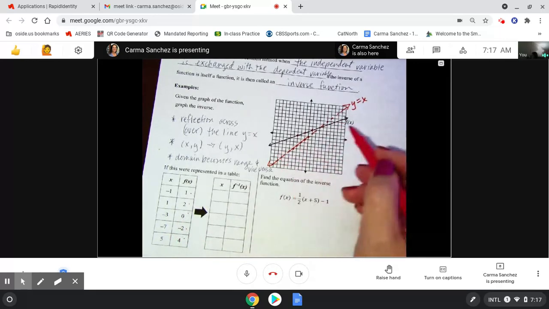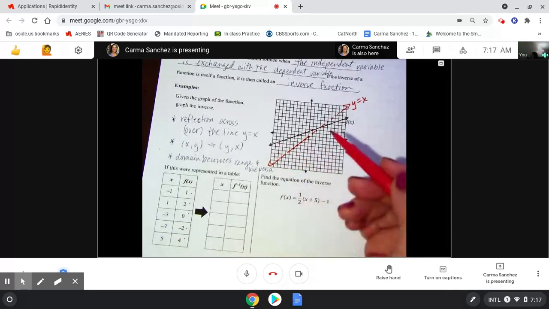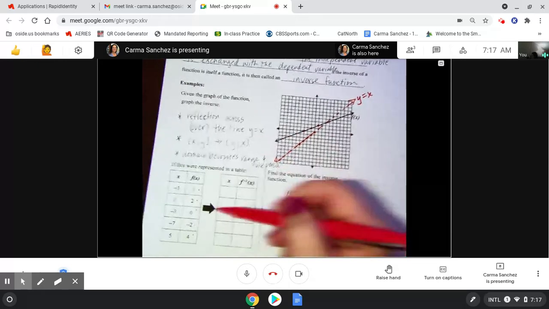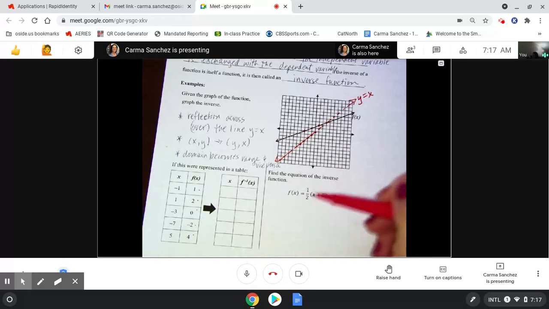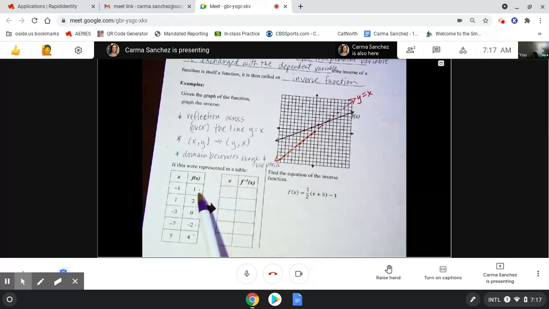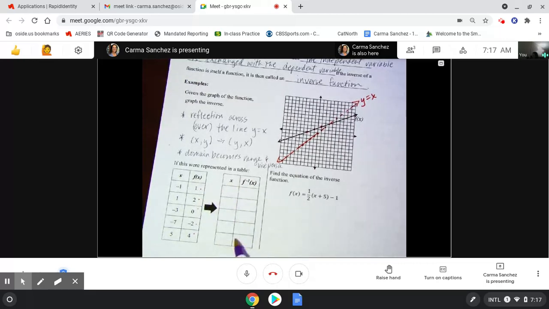If you wanted to write the equation for the line, you could, but it's not necessary. We wrote out the equation of the line for you right here in point slope form. But anyway, let's go do the rule of completely flipping the x's and the y's.